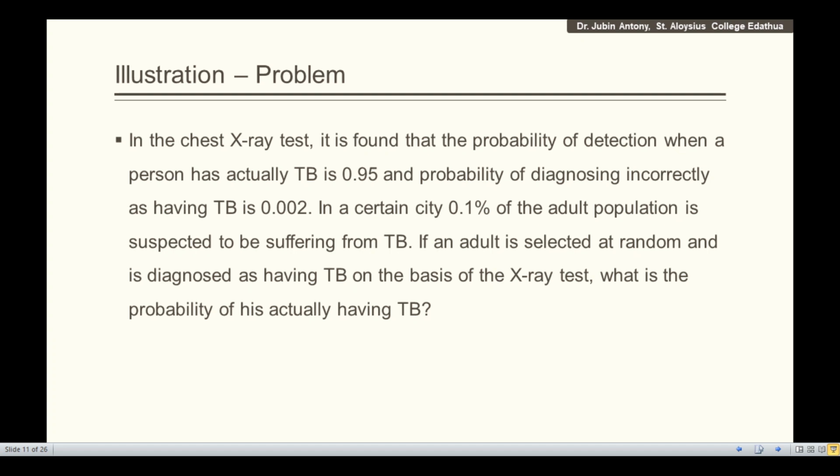In a certain city, 0.1% of the adult population is suspected to be suffering from TB. If an adult is selected at random and is diagnosed as having TB on the basis of the X-ray test, what is the probability of his actually having TB?